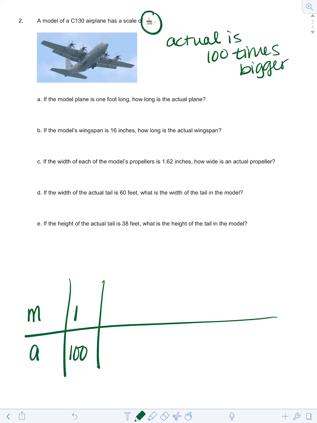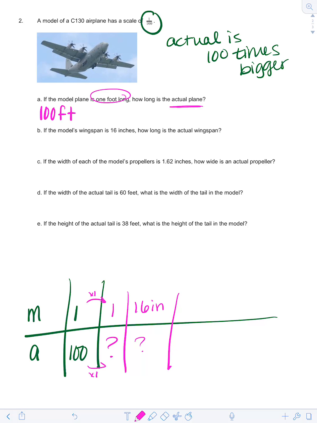Okay, so for letter A, if the model is 1 foot long, it's nice and easy. It should be 100 feet. Just multiplying by 1 here, and no need to convert or anything. That's the actual length, 100 feet. For B, if the model's wingspan is 16 inches, what's the actual?